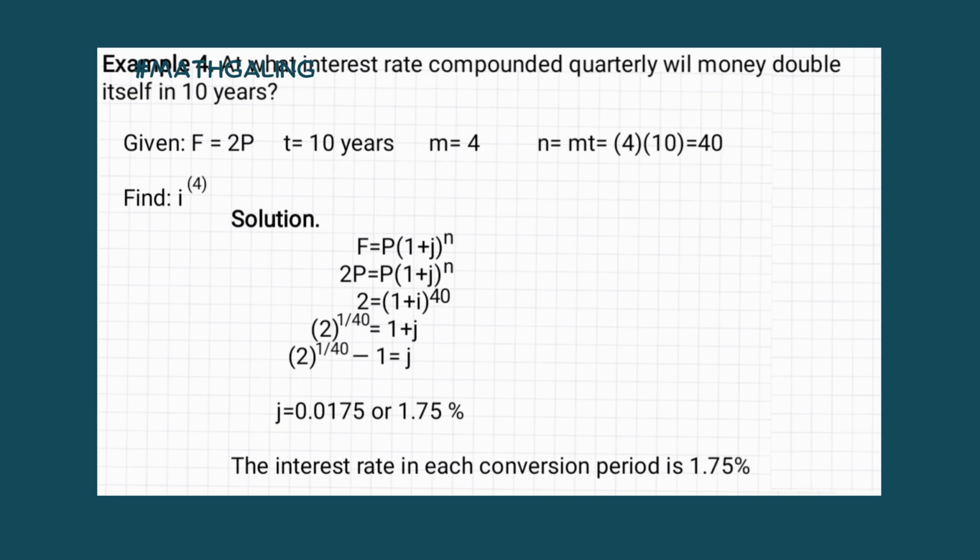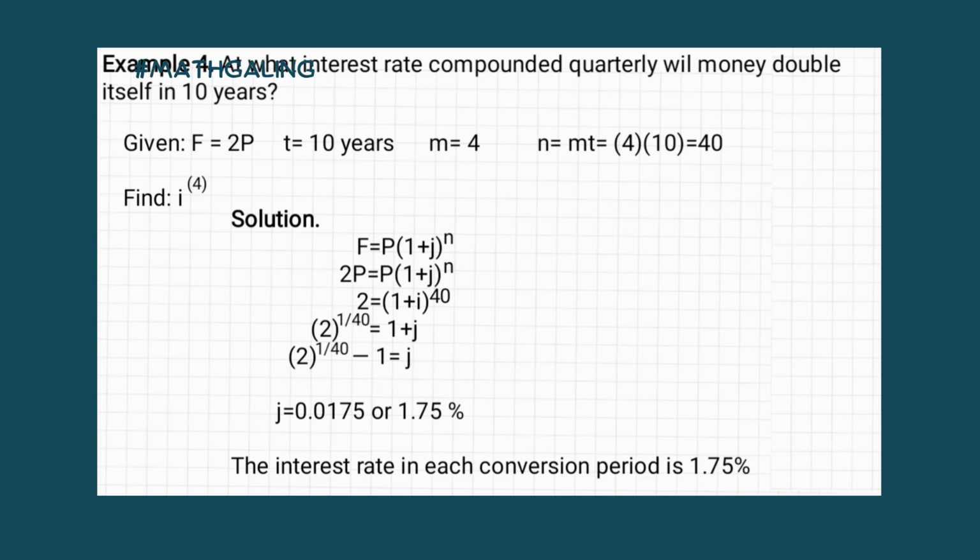So the solution is F is equal to P times 1 plus g raised to the power of n, and 2P is equal to P times 1 plus g raised to the power of n. So 2 is equal to 1 plus g raised to the power of 40.